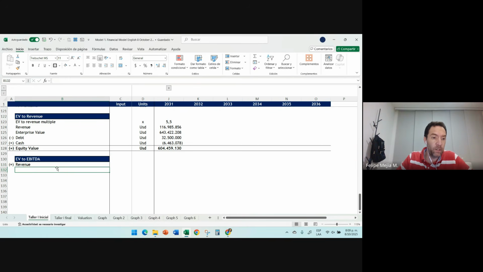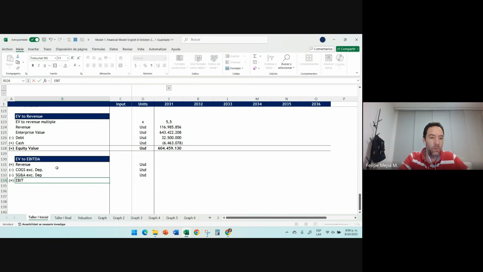Let's take this revenue minus COGS, which is cost of goods sold, excluding depreciation, minus SG&A, selling, general, and administrative, excluding depreciation, and this is one of my favorites. Not one of my favorites, actually, it's everybody's favorite, which is the EBITDA valuation.